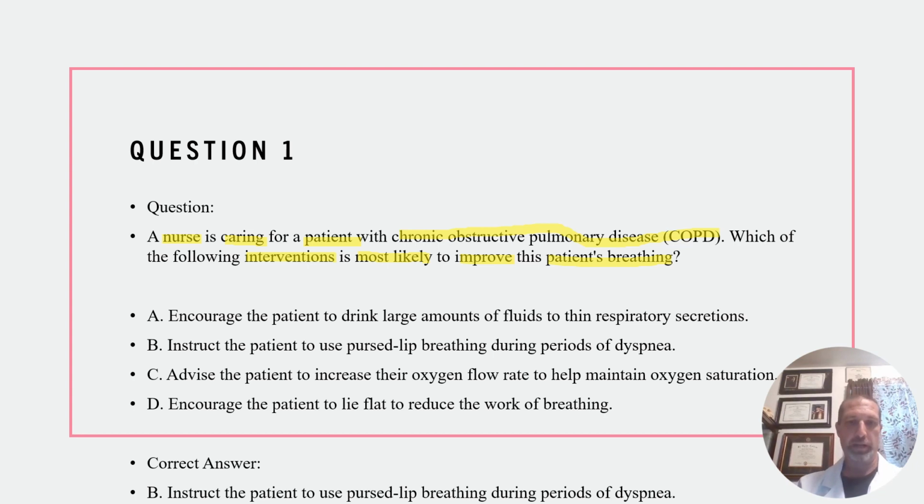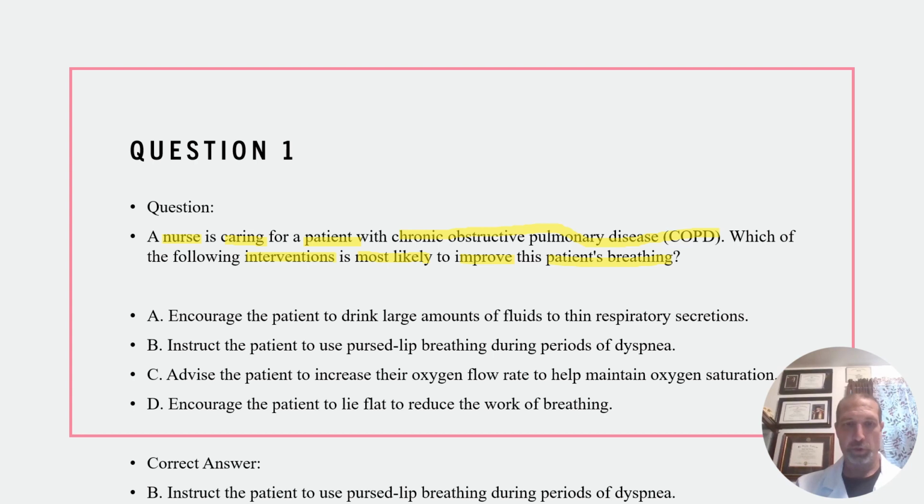Now, a lot of times when you first learn this process, you're going to be like, I don't understand why some of these are keywords. But the biggest thing we're looking at right now is we have a diagnosis of COPD.